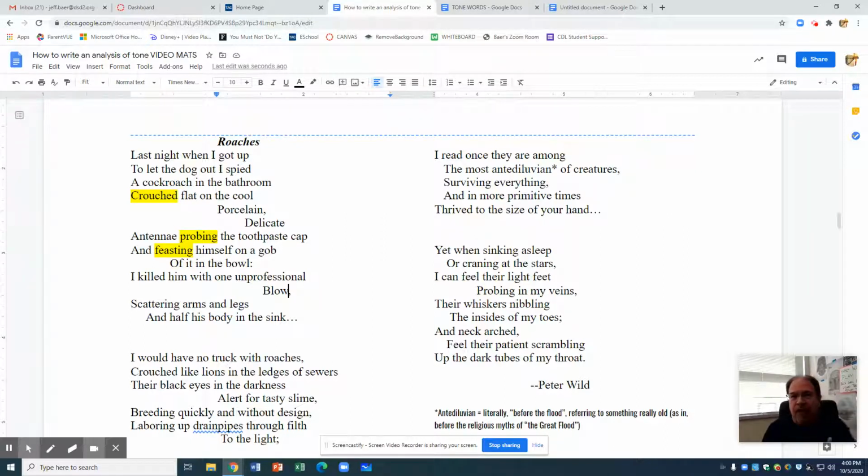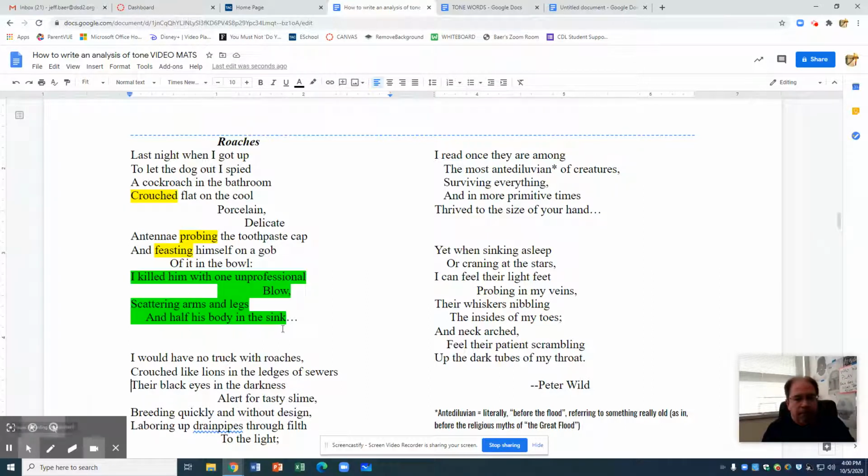And I'll show you how to work that in later on when we get to the paragraph writing part of it. So after finding an example of, as we move through the poem, after finding an example of his disgusted tone, we have a really good example of his hateful tone. And this is something I mentioned earlier about the nature of the squashing of the bug, an unprofessional blow.